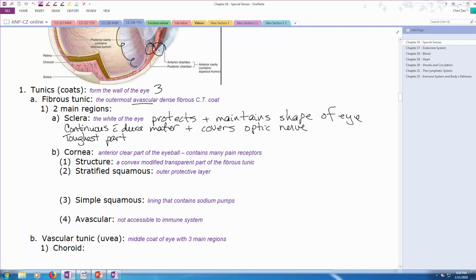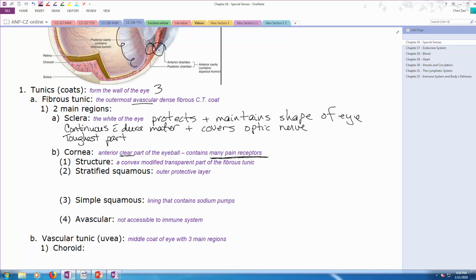As we move anterior on our fibrous tunic, we come across the cornea, which is nice and clear. And our cornea is interesting because, unlike the sclera, it contains many pain receptors. And you can kind of understand that. We don't want damage to occur.